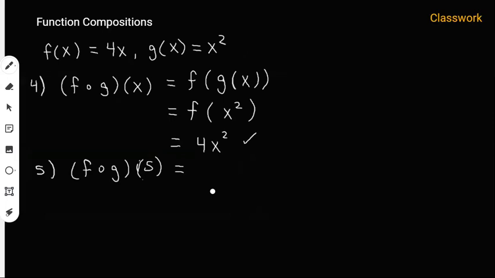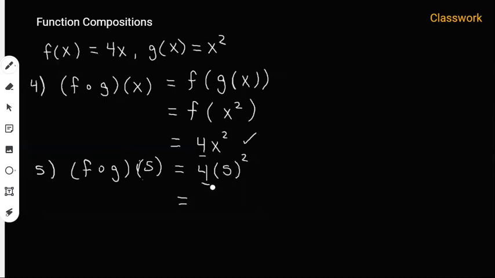And I'm replacing every single x I see with a 5. So I'm basically evaluating the function at 5 and seeing what happens. So the 4 stays the same, the x gets changed into a 5, and the 2 stays the same. So now I have 4 times 5 squared. Let's figure out what that is.